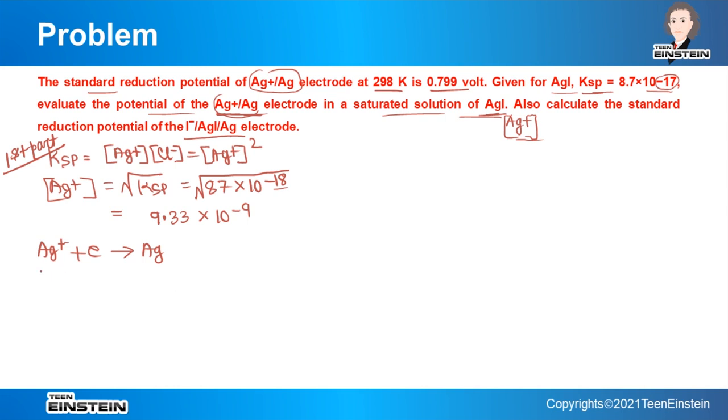Now use the Nernst equation: 0.59 by 1 log of the product side, we have silver, so its concentration is 1 by the concentration of Ag+. In this Ag+ concentration we will put this value, and E naught is already given as 0.799.